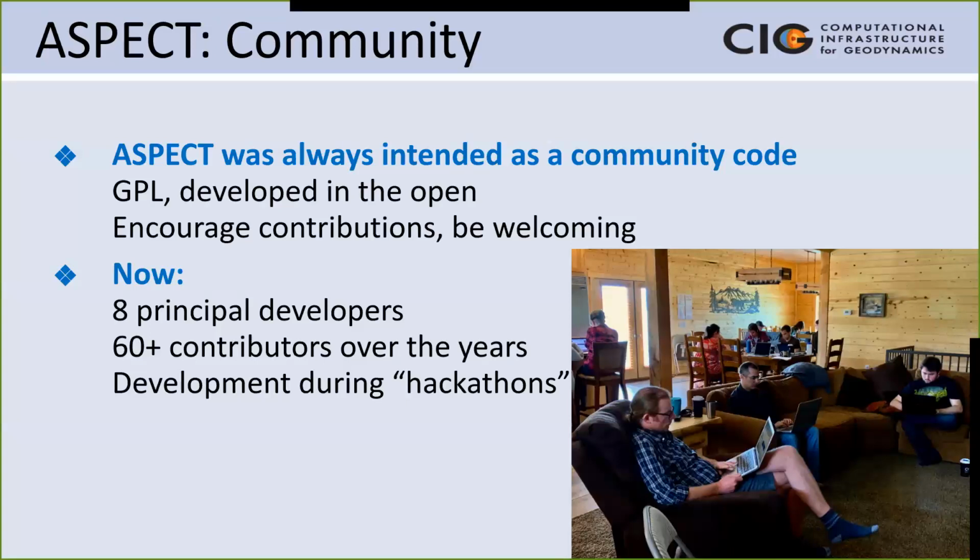And then we would spend 10 days just developing this code as a group. Everybody would work on whatever they find interesting and whatever is necessary for their work. And then it gets integrated into the development versions of Aspect that then become the next release.